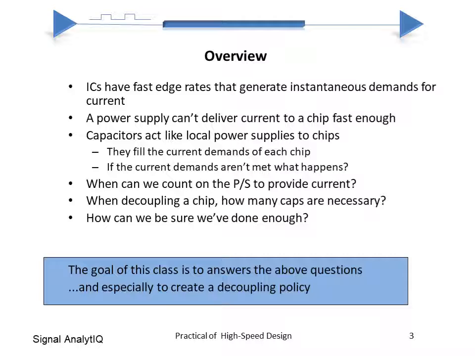Then, when can we count on the power supply to provide current? When decoupling, how many capacitors are necessary? And how can we be sure we have done enough? So the main goal of this class is to answer these questions and especially to create a decoupling policy.